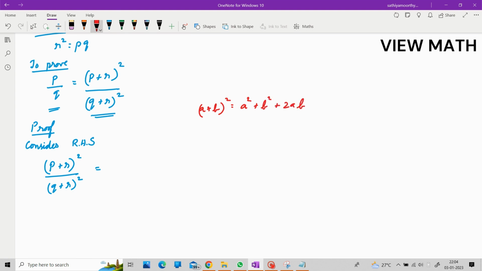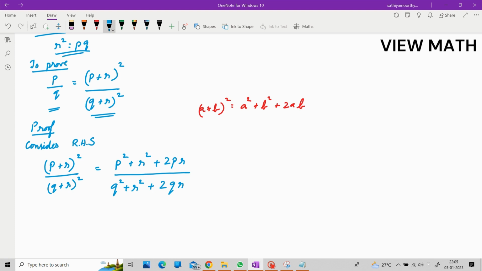I am going to use this same formula to expand p plus r the whole square. So it is p square plus r square plus 2pr divided by, the denominator also the same formula, q square plus r square plus 2qr. Now what is given is r square is equal to pq.